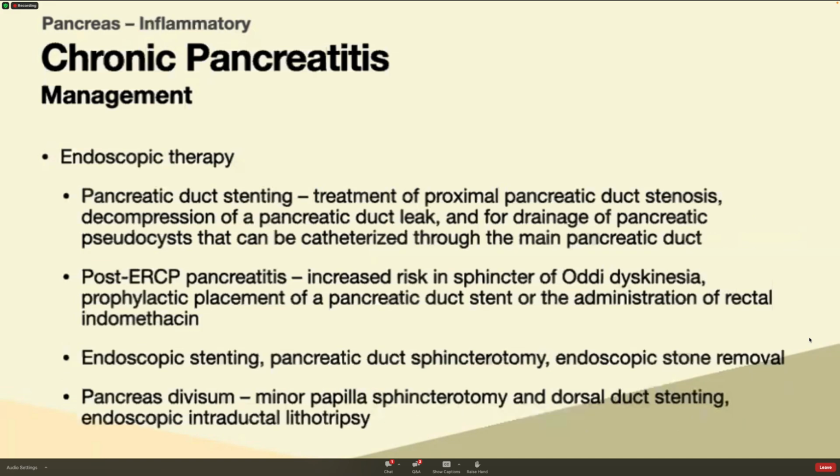Endoscopic therapy includes pancreatic duct stenting, pancreatic duct sphincterotomy, and endoscopic stone removal. As mentioned earlier, for pancreas divisum, an option is to do minor papilla sphincterotomy and dorsal duct stenting.